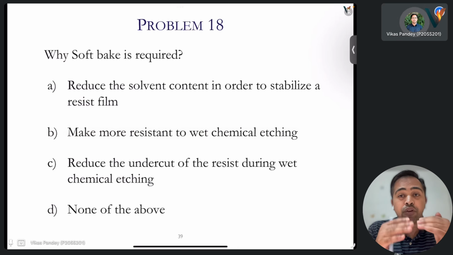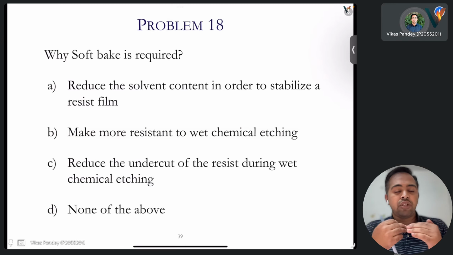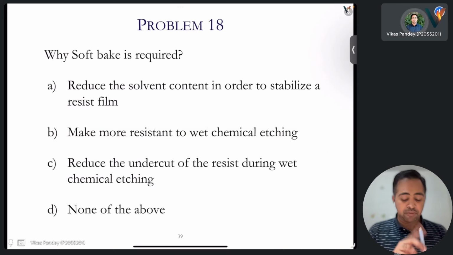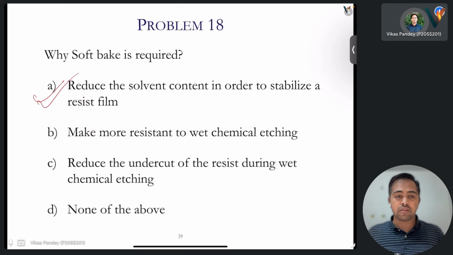So if somewhere it is thick, somewhere it is thin, that can have problems. So the soft bake is to reduce the solvent content in order to stabilize the resist.